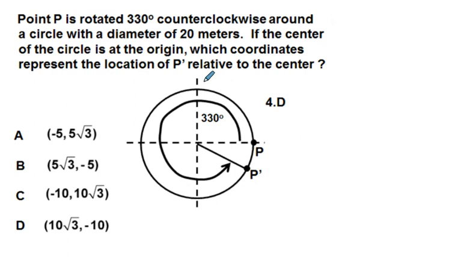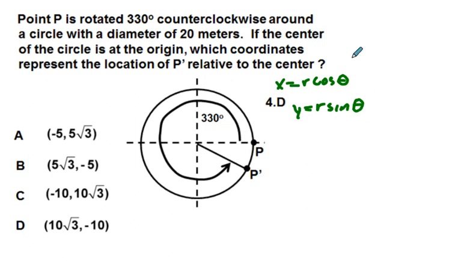We have this thing right here. We want to find the coordinates of P prime. Well, to do this, we have x equals r cosine theta, one of the first things we talked about this semester, and y is equal to r sine theta.